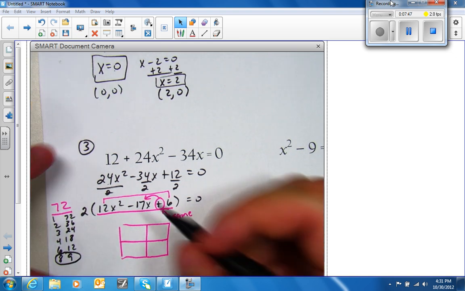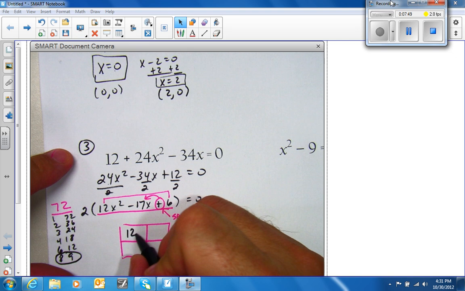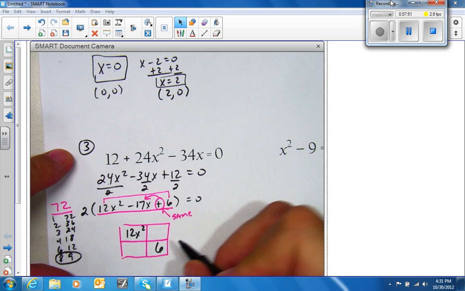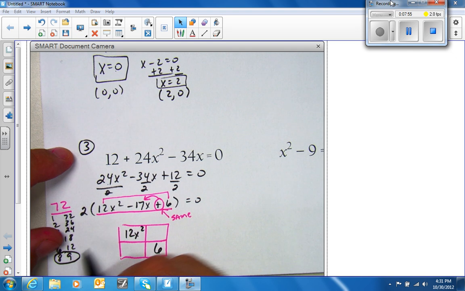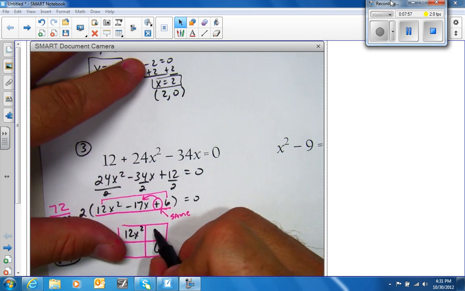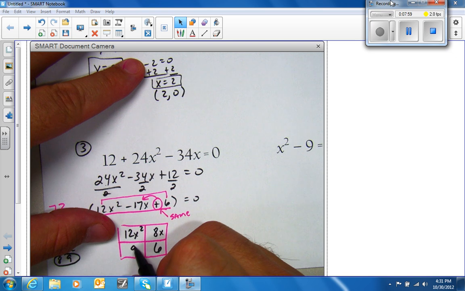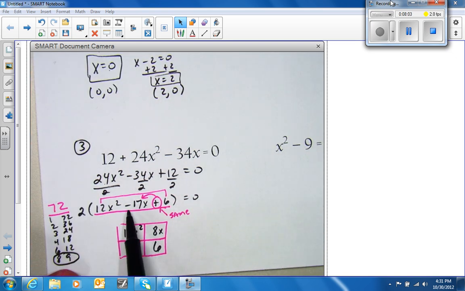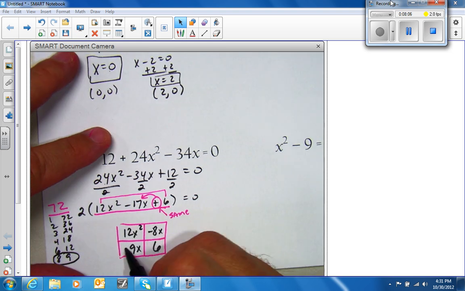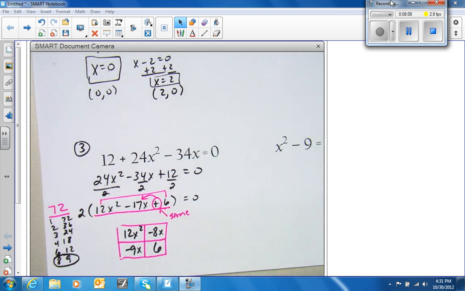Okay? So in this box here goes the 12x squared and the 6. And of course, since we've already found that 8 and 9 add up to 17, I'm going to put 8x and 9x here. Now, they have to add up to a negative 17, so I'm going to make them both negative. And we're going to start our process all over again. Okay?